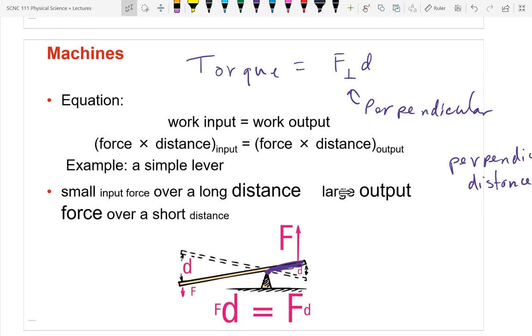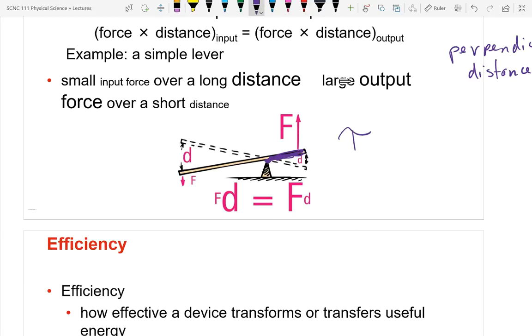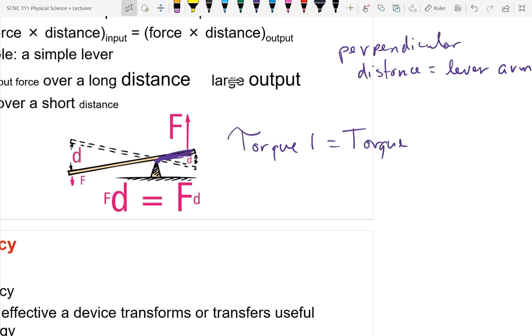And it's actually a balance where the torque 1 equals torque 2. That's the balance that it will achieve. So that means the force on side 1 times the perpendicular distance on side 1 is equal to the force on side 2 times the perpendicular distance on side 2.